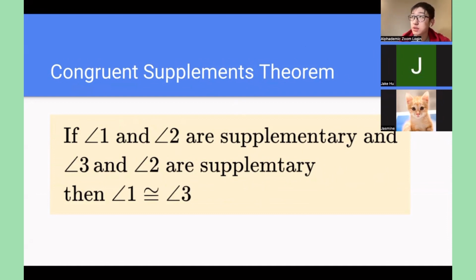So basically, let me write on the board real quick. Supplementary means adding up to 180 degrees.